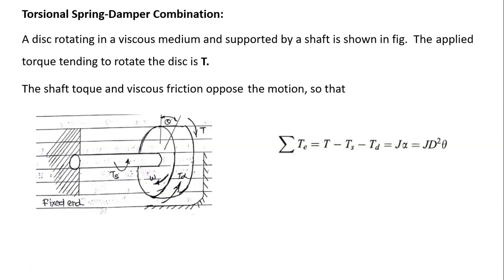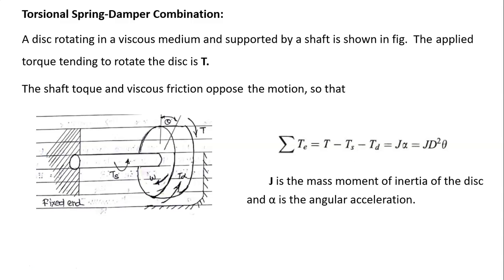Therefore, d upon dt is replaced by D, and the inertia torque is given by J D square theta, where J is the mass moment of inertia of the disk and alpha is the angular acceleration.